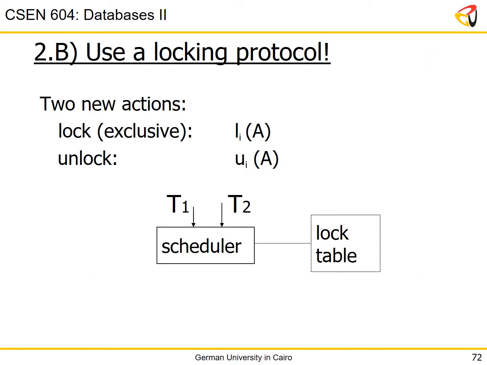So what does the scheduler actually do to guarantee serializability? It uses locks. Now, I know some of you are taking the operating system course and some are not, so let me explain locks in very simple terms. If you're taking the operating system course, you know what a lock is. It's a software feature that is part of the operating system.